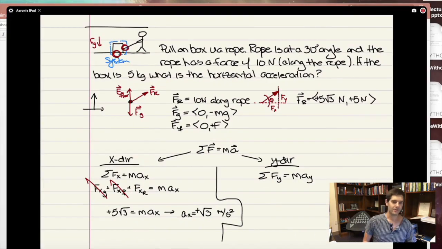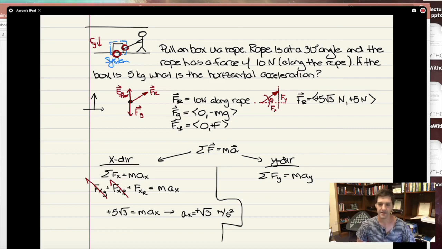We could now go back to the problem of you pulling the box at an angle. We can now actually go back and figure out what's going on in the y direction as well. We could have done this before, but now that we have a better sense of what forces we might call them, there's this contact force with the floor. Maybe you want to call it a normal force. Again, I prefer to just think of them as contact forces with surfaces.